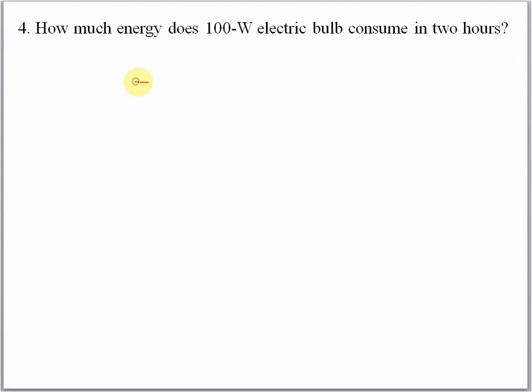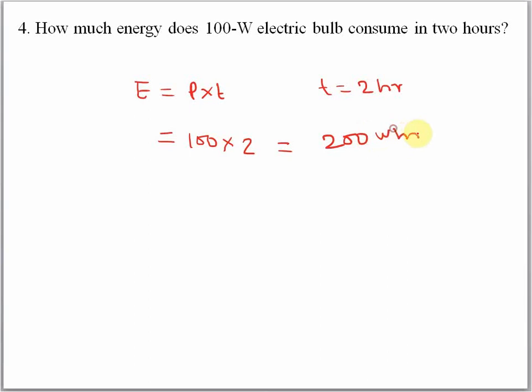We know energy E equals P into T. We have a 100-watt bulb, and T equals 2 hours. So it would be 200 watt hour. If we change the time into seconds, 2 hours is 7200 seconds, so 100 into 7200.